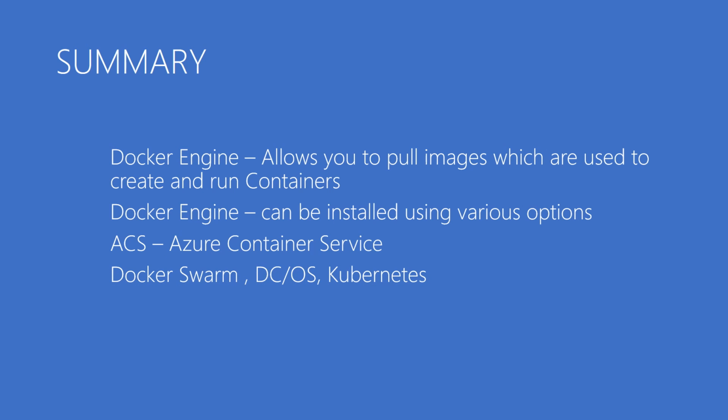The three orchestration tools currently available in ACS are Docker Swarm, DCOS, and Kubernetes. Each of these have a command line interface which can be used on either Mac, Linux, or Windows.